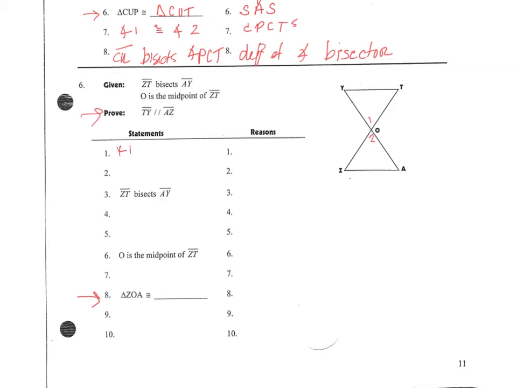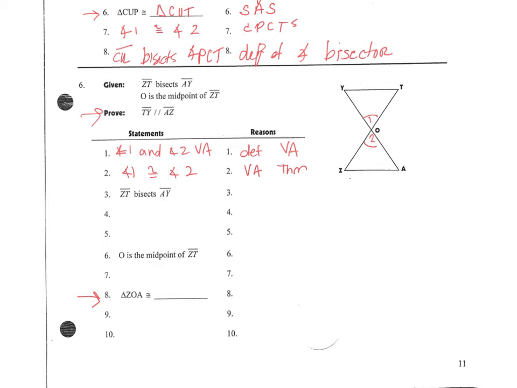So angle 1 and angle 2 are vertical angles, and that is just the definition of a vertical angle. And then we want to say that angle 1 is congruent to angle 2, and that is our vertical angle theorem. Okay, so we have that.